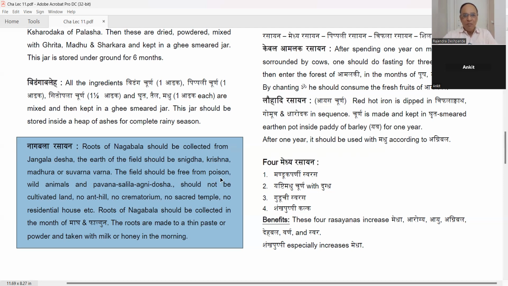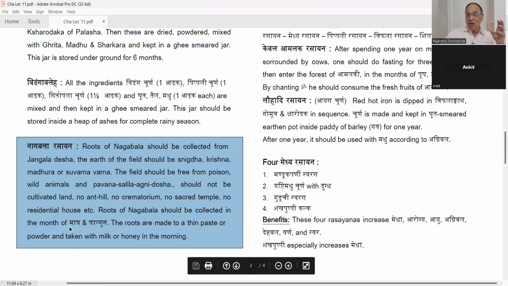The field should be free from poison, wild animals, and Parvata, Shaila, Agni dosha. Should not be cultivated land, no anthill, no crematorium, no sacred temple, no residential houses, etc. Roots of Nagabala should be collected in the month of Magha and Phalguna. The roots are made into a thin paste or powder and taken with milk or honey in the morning. So this is called Nagabala Rasayan.